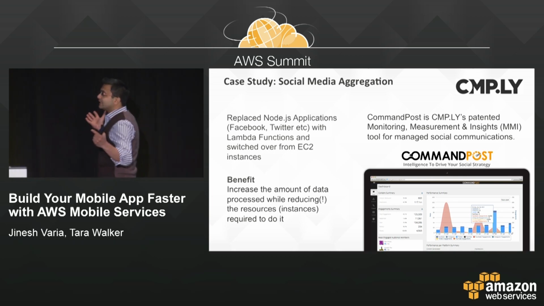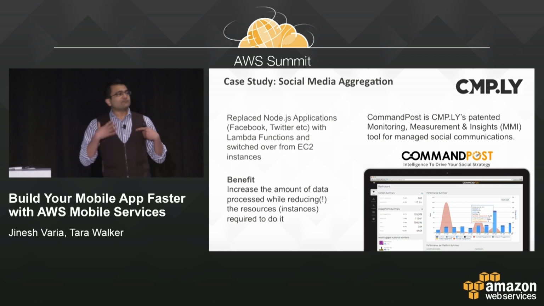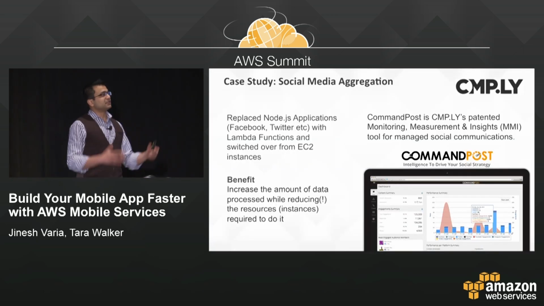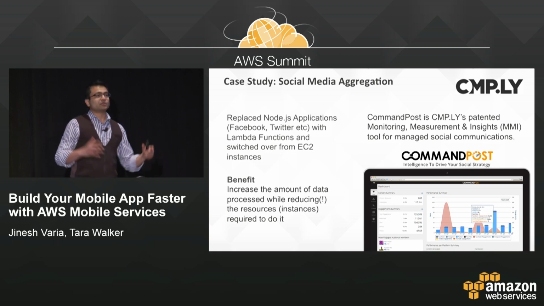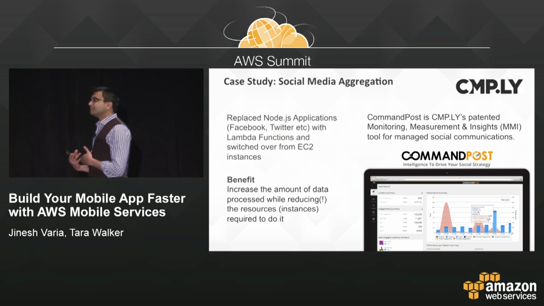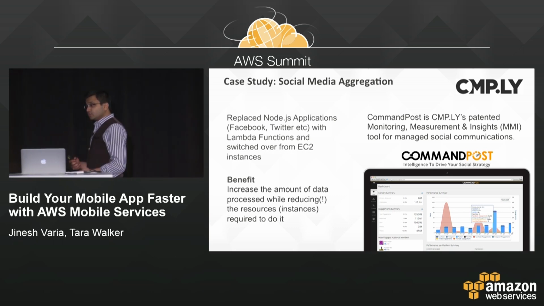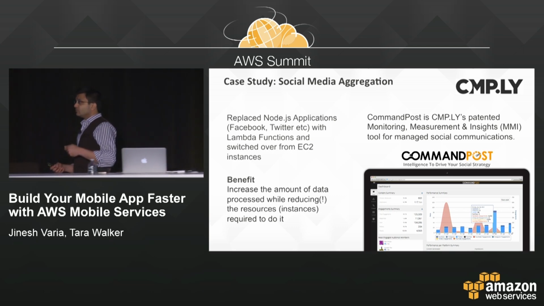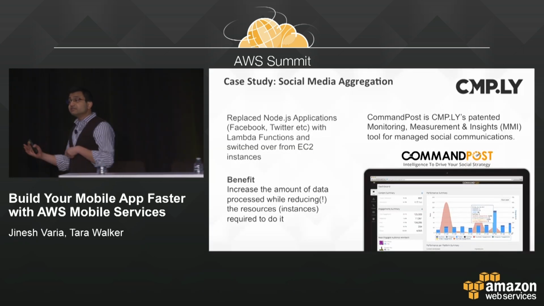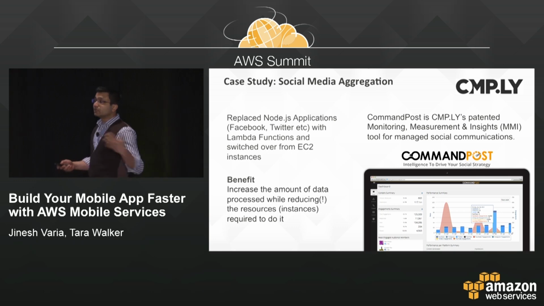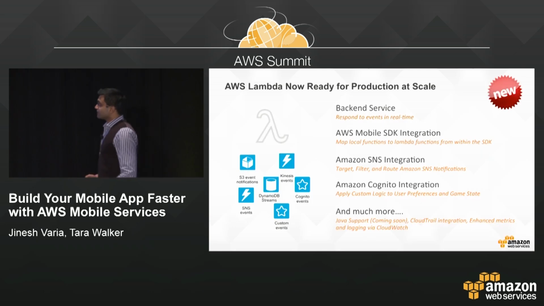I want to get lots of data without having to worry about scaling the servers or load balancing or patching or anything of that sort. Now it is all handled by Lambda. So you can reduce your cost, increase your workload, and focus on scalability without having to worry about managing servers.